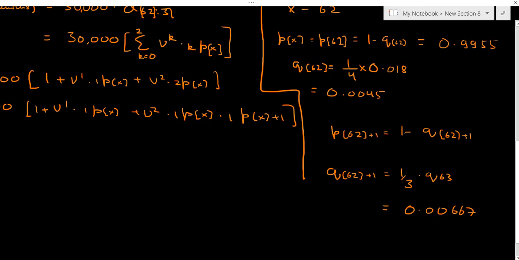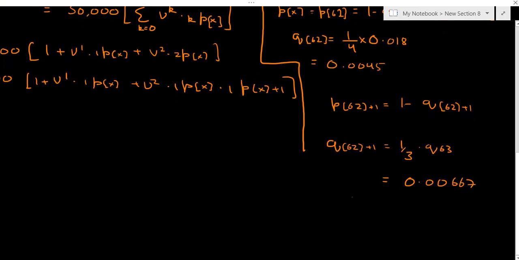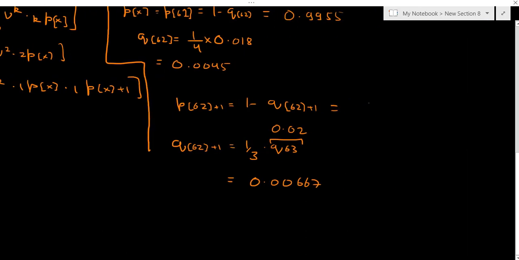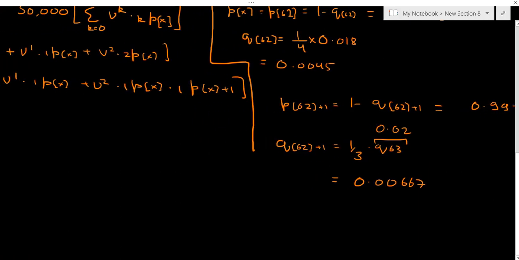And thus, because this was 0.02, okay, that's given in the question, this comes out to be 0.0067, and thus your p62 plus 1 value comes out to be 0.99333. Okay, and that's the value. And what more do I need? I don't think I need anything else, so let's just evaluate this here.